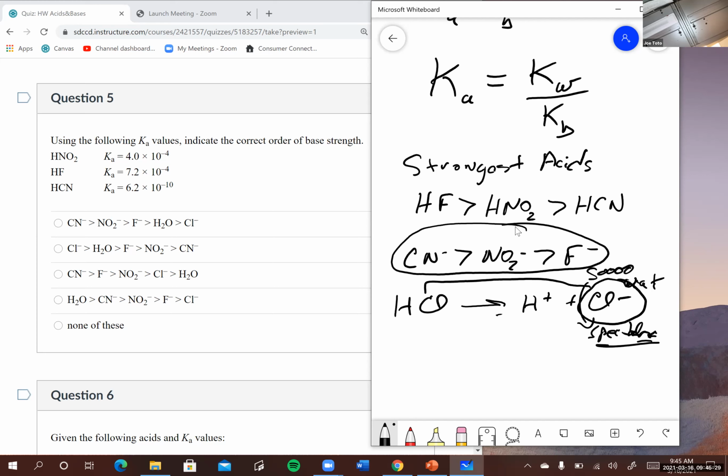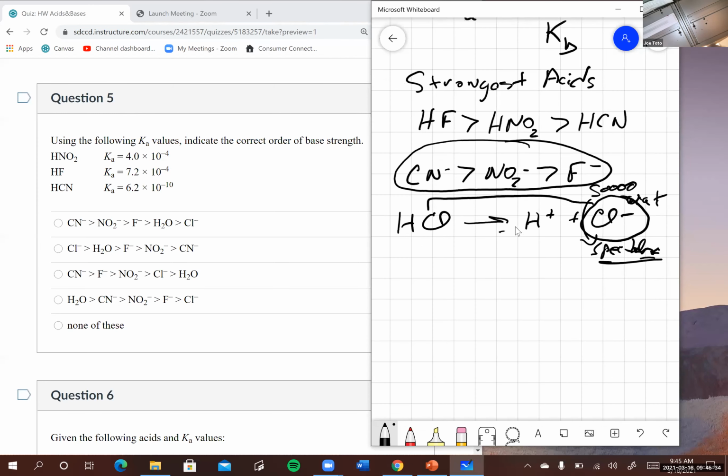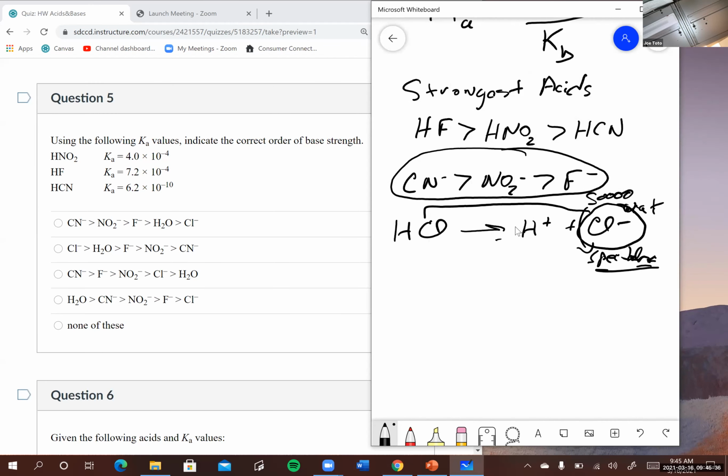If I put CN minus in water, do you think the pH is going to be greater than, less than, or equal to 7? Less than? Well, less than would make it an acid.